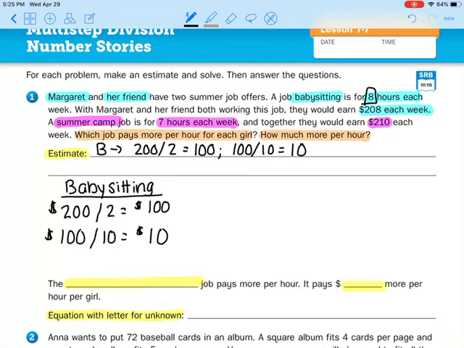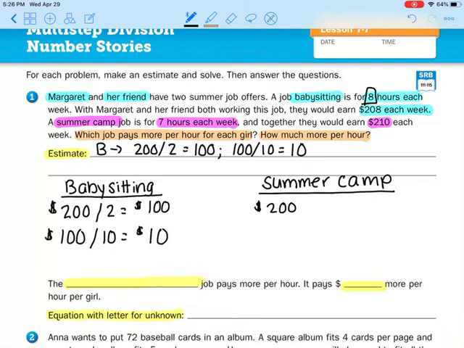So now let's figure out the same process but with summer camp. It says that the job is 7 hours each week, which is still close to 10, and together they would earn $210. So I'm going to keep it at 200. I'm not going to round up, right? Because 210 is closer to 200 than it is to 250.